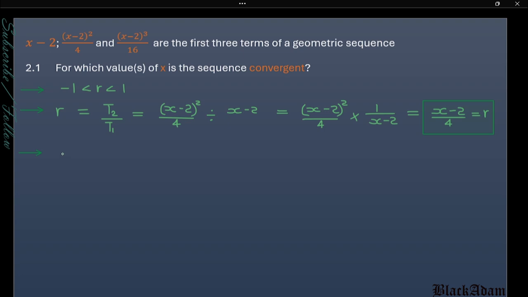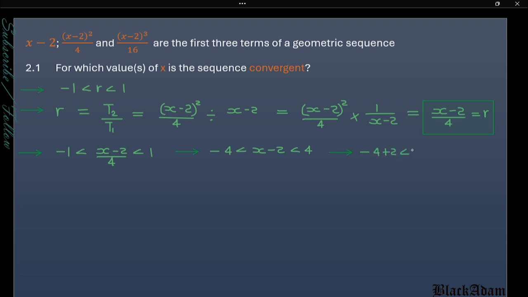So that means we're going to have -1 less than r, where r is (x minus 2) over 4, less than 1. Which is going to be 4 times -1 is -4, and then we have x minus 2, less than 4 times 1, which is 4. So the -2 to the other side will be +2.